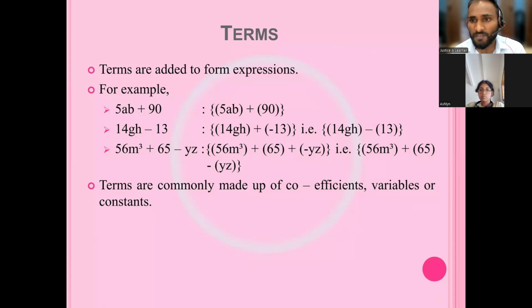Do you understand what is a coefficient? Any one of the factors in a term is called a coefficient. Not all factors, any one factor in a term is called a coefficient.